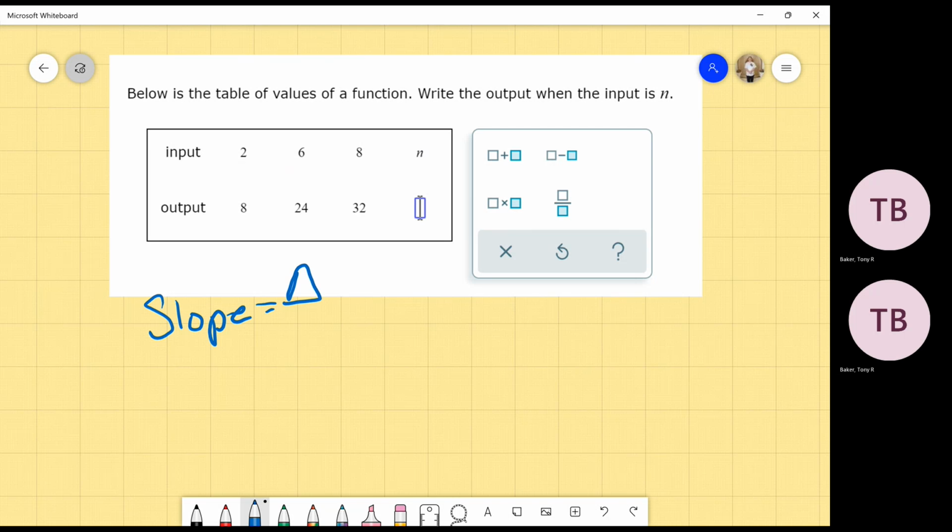That little triangle stands for delta, which means change. So the change in the output over the change in the input. It's the same thing as saying y2 minus y1 over x2 minus x1, because that in essence is your y, and that is in essence your x.